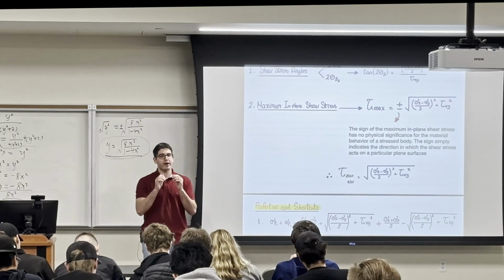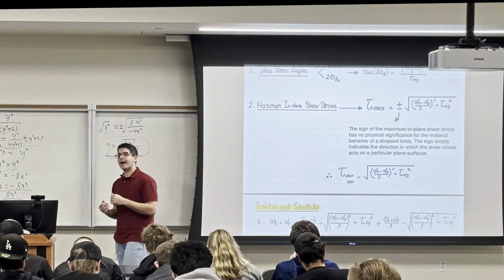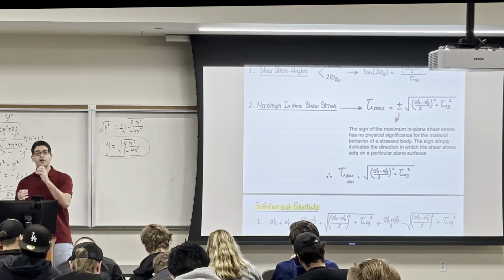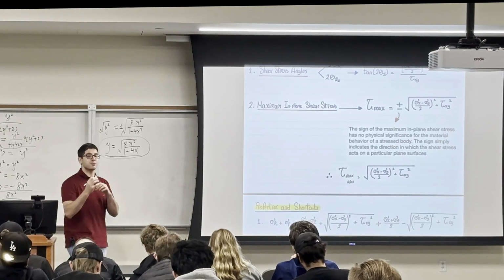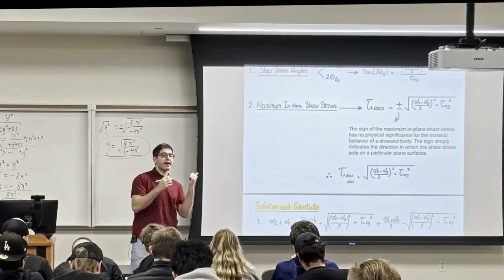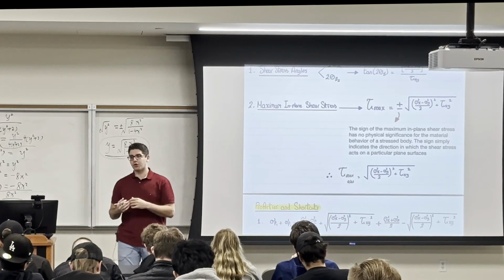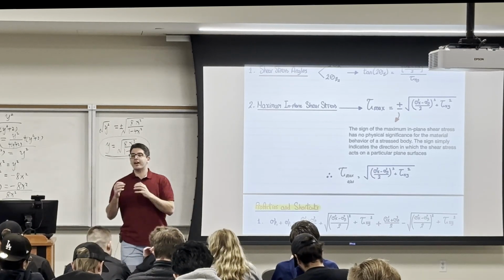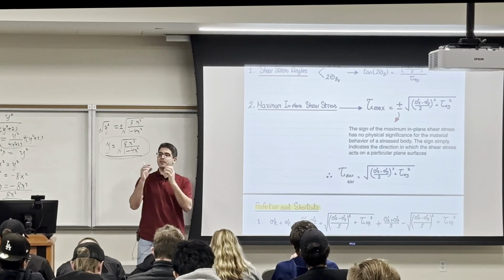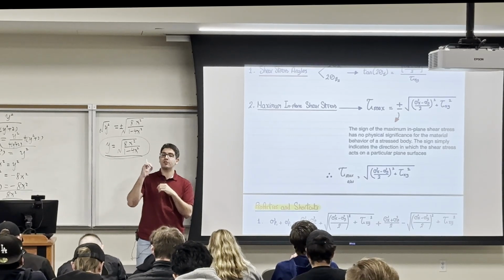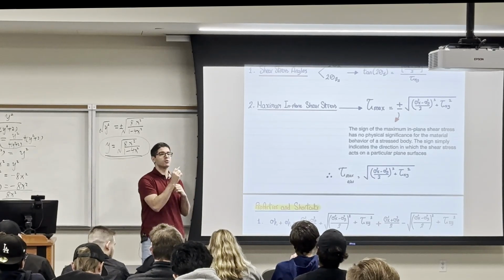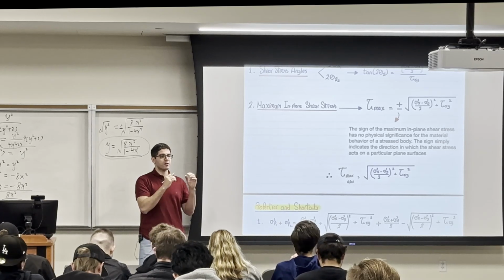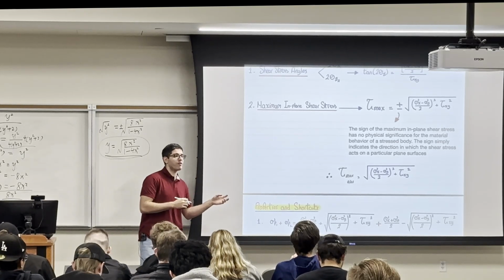But if you want to find the angle, I already gave you the tan 2 theta p that will give you the angle for the normal stress, and if you substitute it in the sigma n at the beginning, you're going to get the maximum normal. And also, if you want to find the maximum shear manually, you get theta s first for the shear stress, and you substitute in the tau nt equation. So you have two ways now to find the maximum stresses.